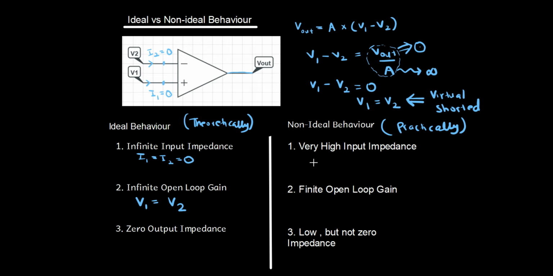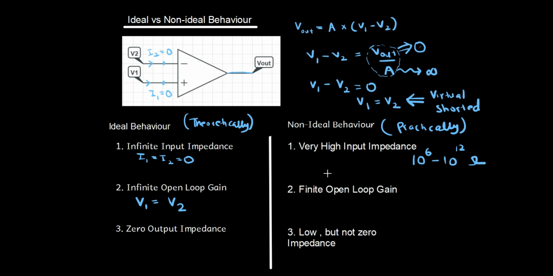But on the other hand, the non-ideal or actual behavior of an operational amplifier is that it has a very high input impedance, but it's not infinite. It's a finite value, right? This value can range from 10 to the power 6 to 10 to the power 12 ohms.